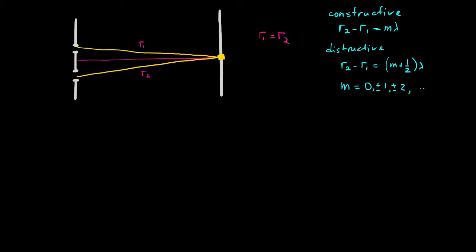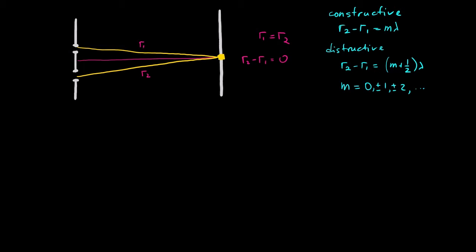Just to make sure, the constructive interference happens in our case because R2 minus R1 equals 0, which is constructive interference when m equals 0.